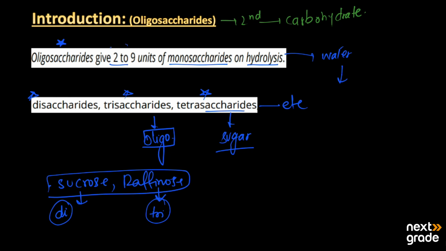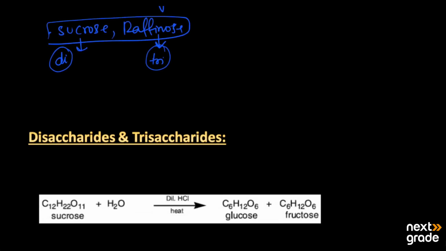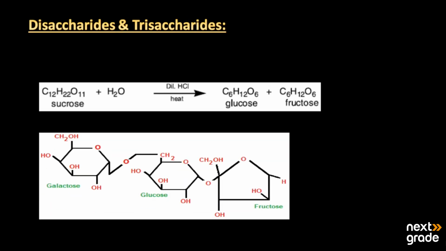They contain 2 to 9 units of monosaccharides, and upon hydrolysis they produce an equal number of units. Then we have disaccharides and trisaccharides. Here we have sucrose. Its formula is C12H22O11, and upon the addition of water, in the presence of dilute HCl and on heating, it produces two units of monosaccharides.